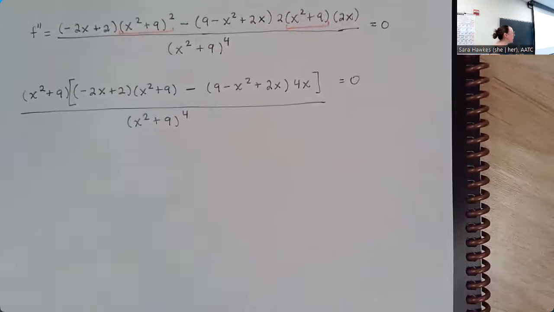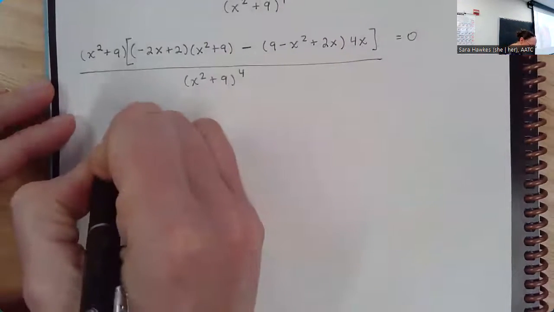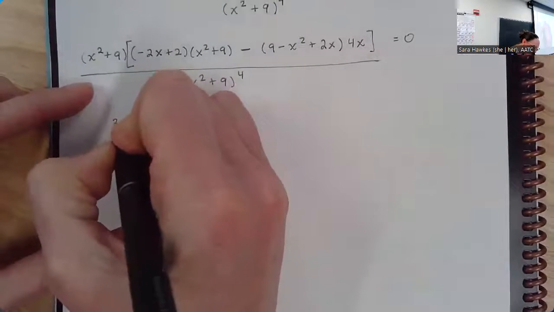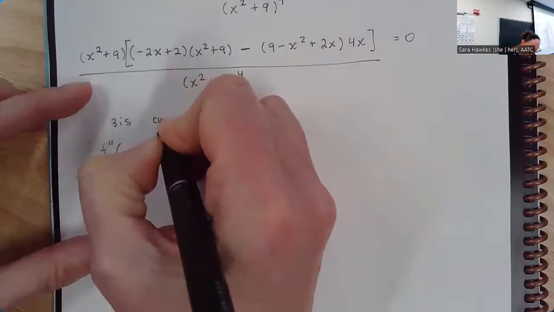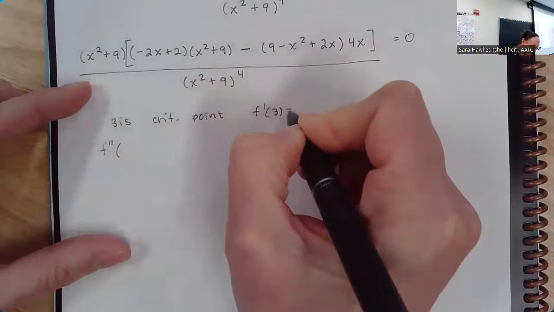Yeah. And I think what you're thinking of is that if my second derivative, I'm just picking a point, let's say 3 is a critical point, so f prime of 3 was equal to 0.